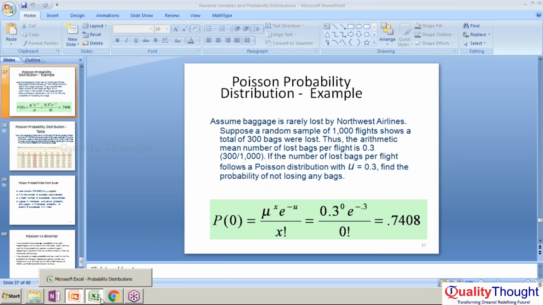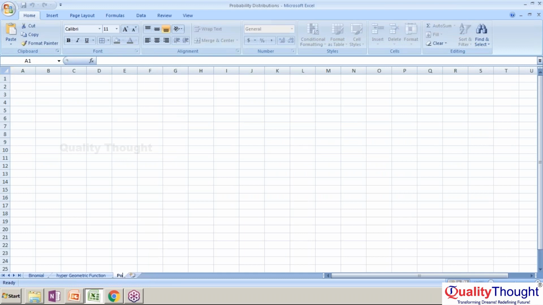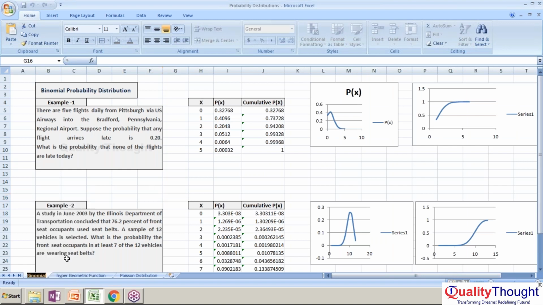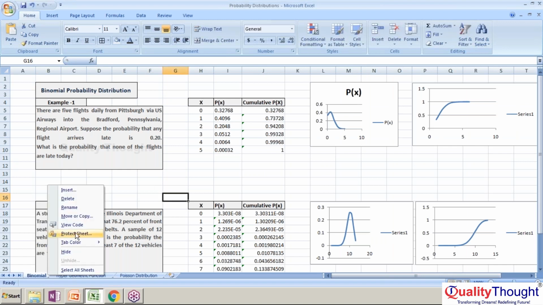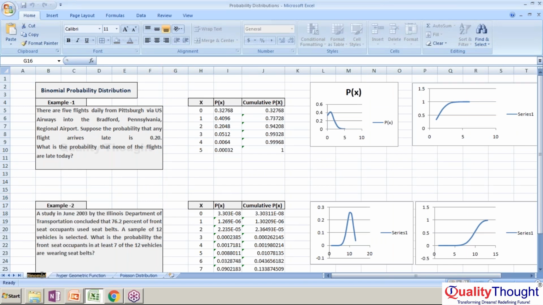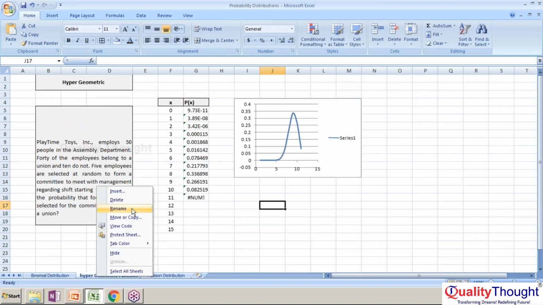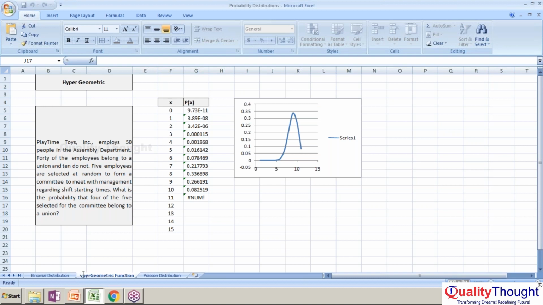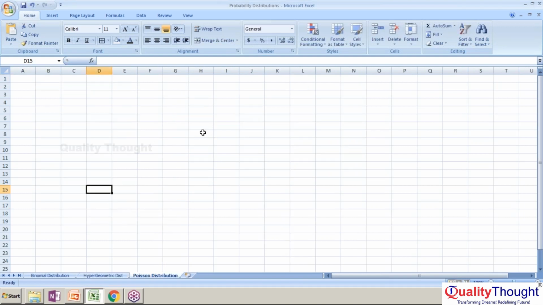So guys, we can always identify the Poisson distribution. Coming to the Poisson distribution, let me just show you here.